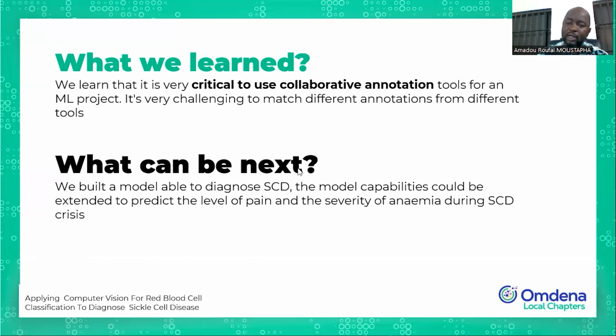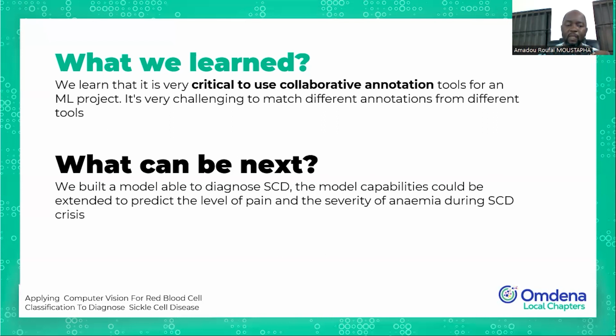What we can do next is we recommend extending our model and our app so that it could be able to predict the level of pain. We know that in sickle cell disease, the person has some crises, and sometimes they have very, very hard pain.